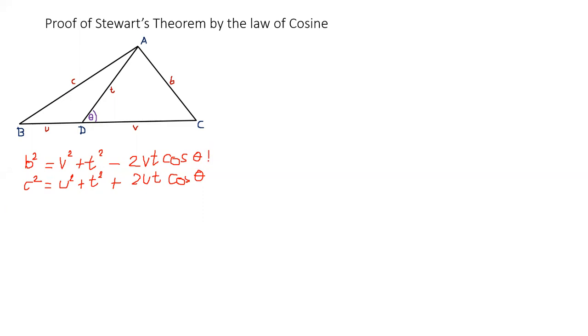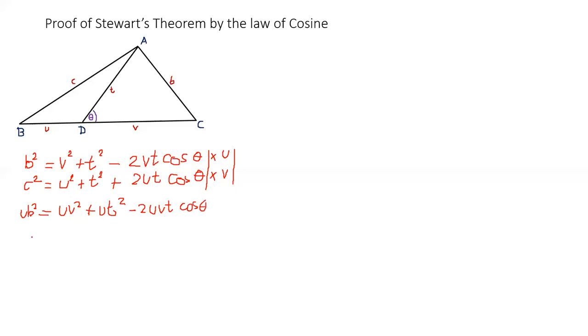It means we will multiply the first equation by U and the second equation by phi. It becomes U B squared equals U phi squared plus U T squared minus 2 U phi T cos theta.